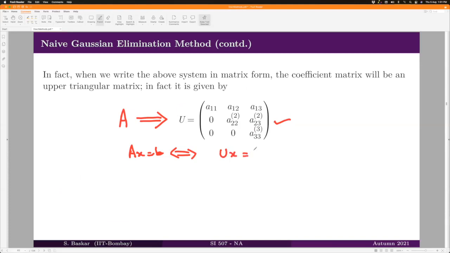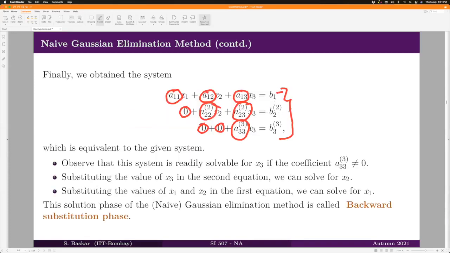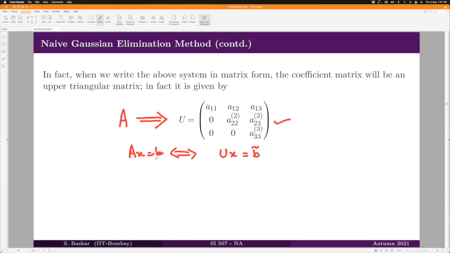Ux is equal to some b tilde. It's not exactly b, but it is given by b1, b22, b33, right? So it's not going to be the same as this b. This b is going to be different. What is the advantage of this system when compared to this system? Well, you can directly make a back substitution and get the solution for this.